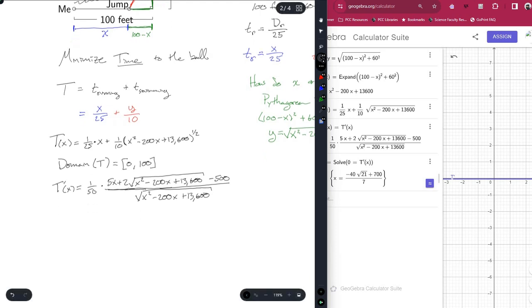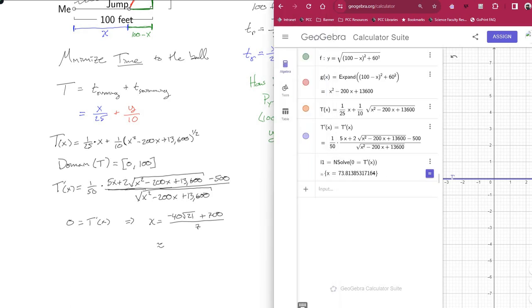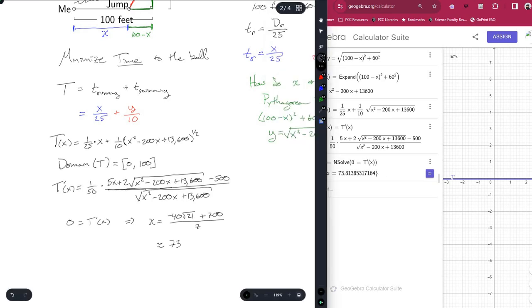Okay, and when we set 0 equal to T prime of x, this gives x equals negative 40 square root of 21 plus 700 over 7, which is approximately 73.8. That is just fine, just a single decimal place.